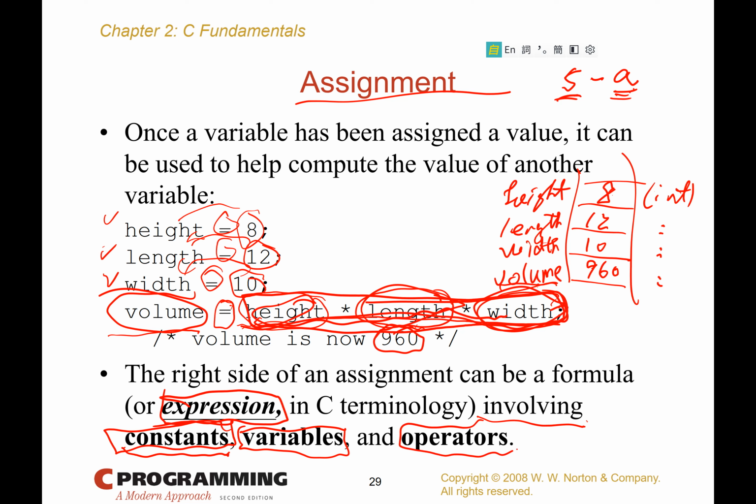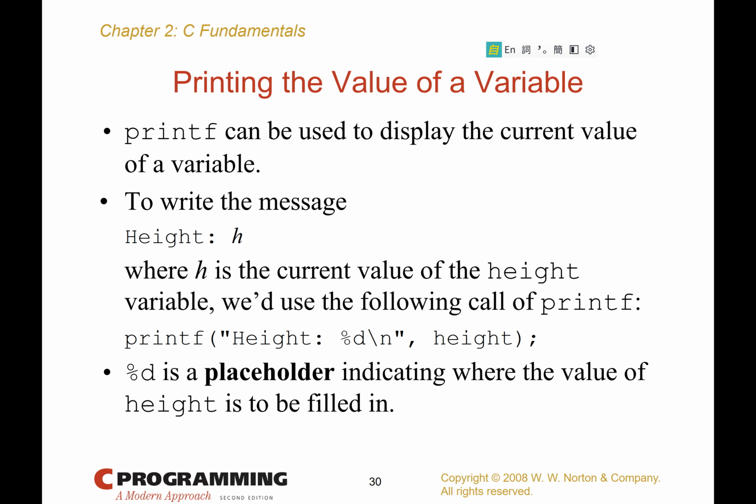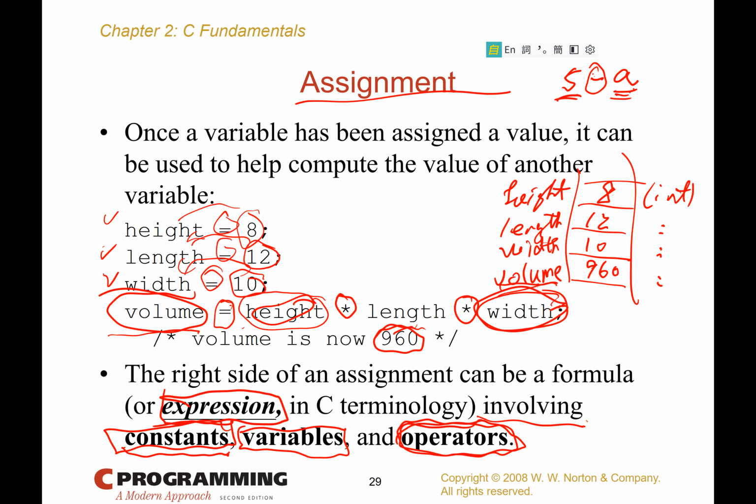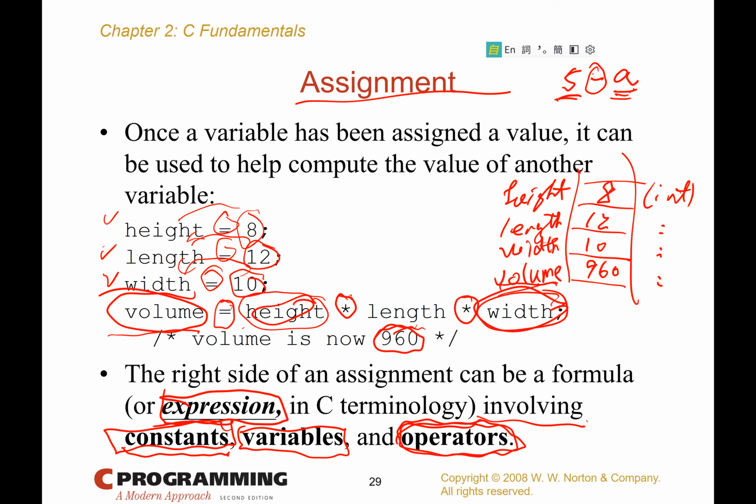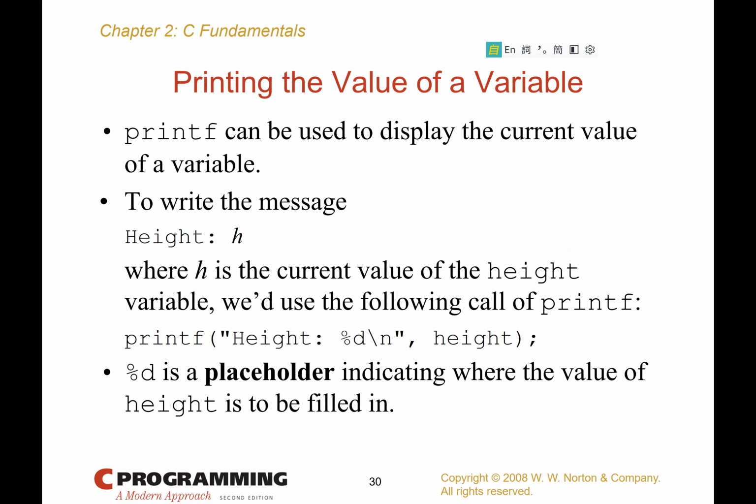And you have operators. Minus is an operator. In here, asterisk or star represents multiplication. All are operators. And in fact, in C you have many operators. We just see a few of them. We will see more in the future.